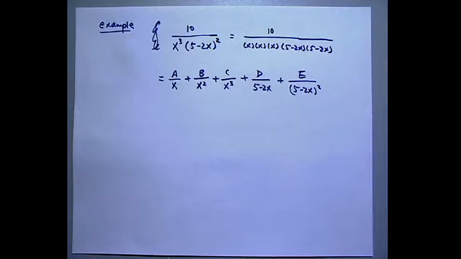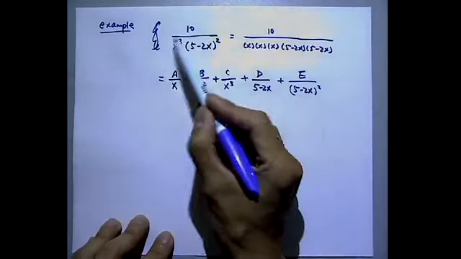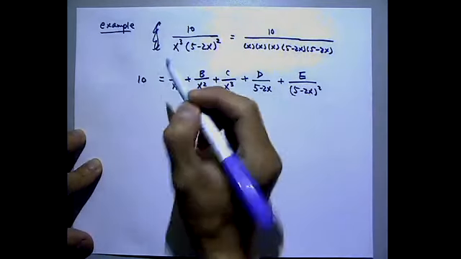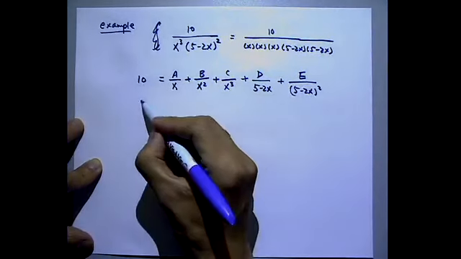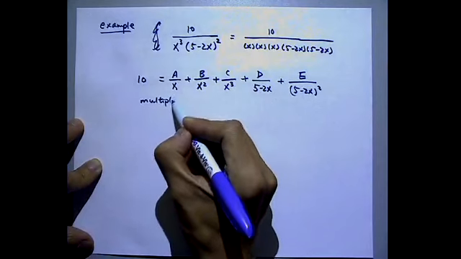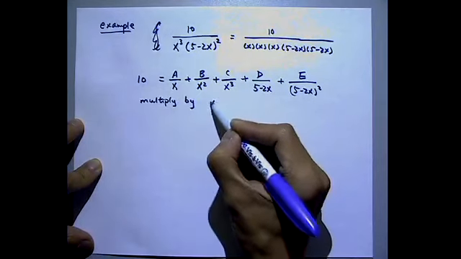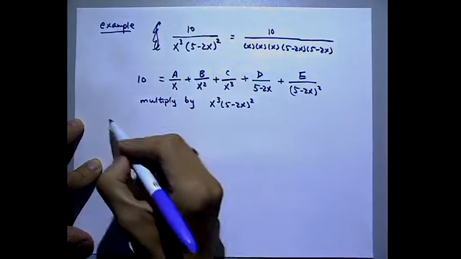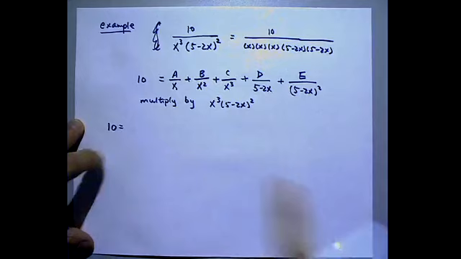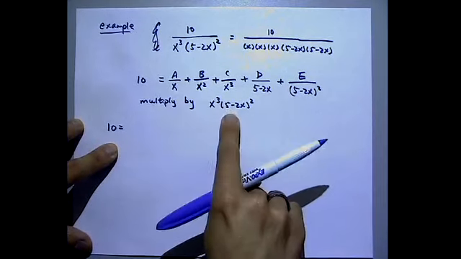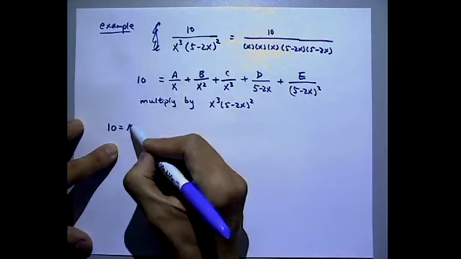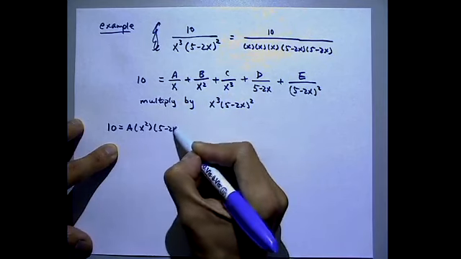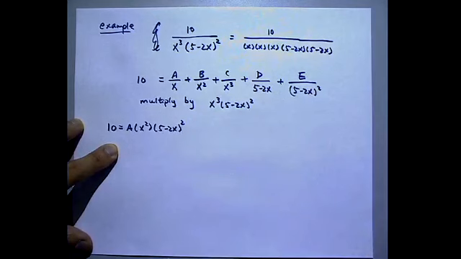But you do it exactly the same way. You multiply both sides by this denominator. Let's just carry a few steps out. We're not going to do the whole thing, just a few steps. So a over x times this gives me a x squared (5 minus 2x) squared, right?